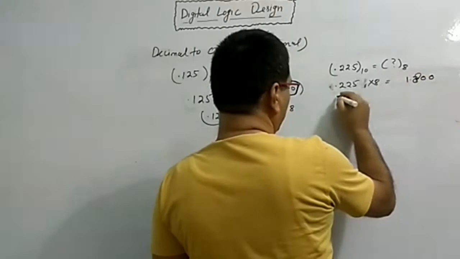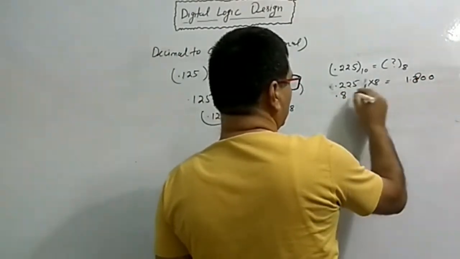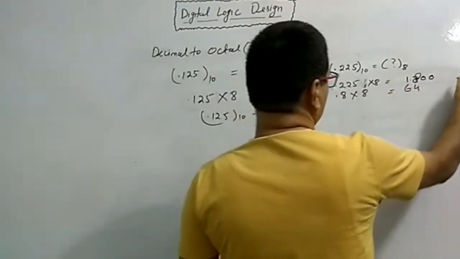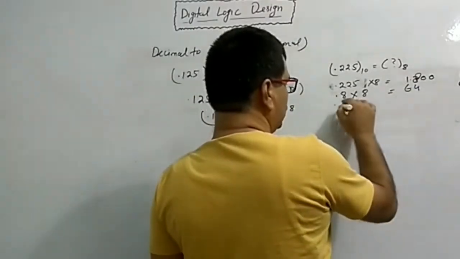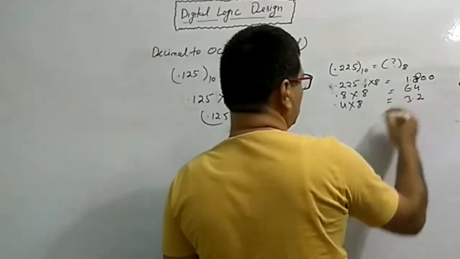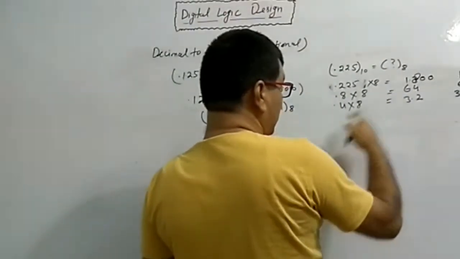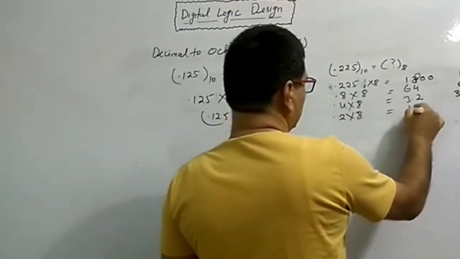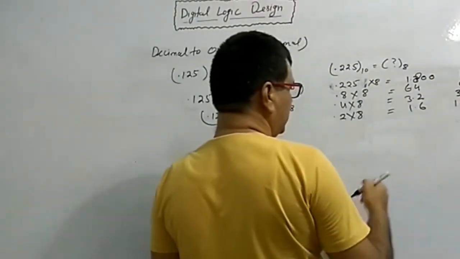Now multiply this 0.8 by 8, this is equal to 6.4. 6 is the integer part. Multiply this 0.4 by 8, this is equal to 3.2. 3 is the integer part. Multiply this 0.2 by 8, this is 1.6. 1 is the integer part.